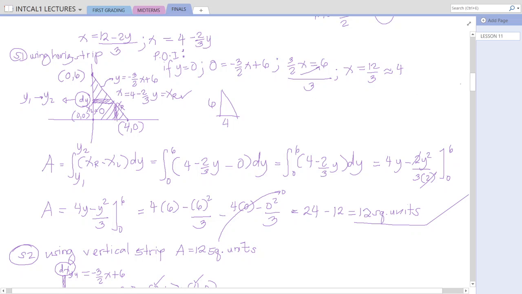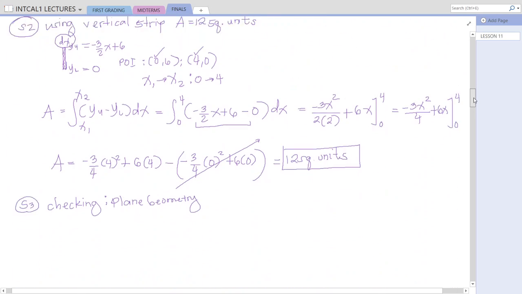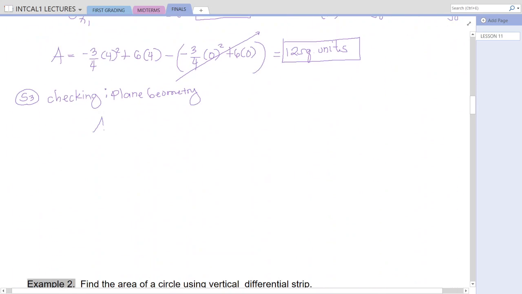For the area of a triangle, that is equal to 1/2 base times height, and that is equal to 1/2 multiplied by the base, which is 4, and then multiplied by the height, which is 6. Okay, so that is also equal to 12 square units.